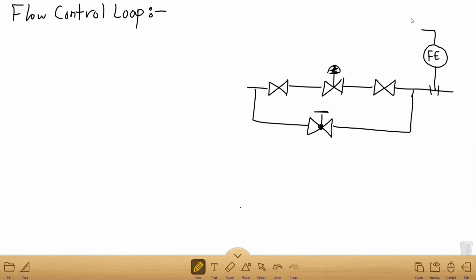Then the flow goes to the flow transmitter.